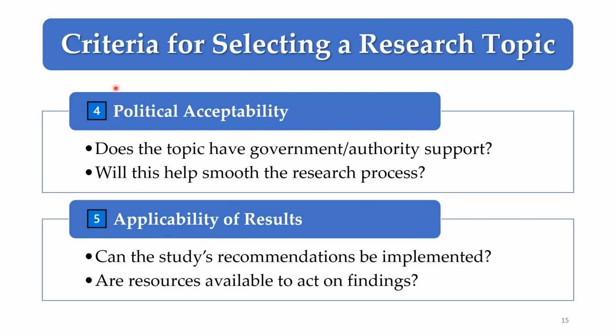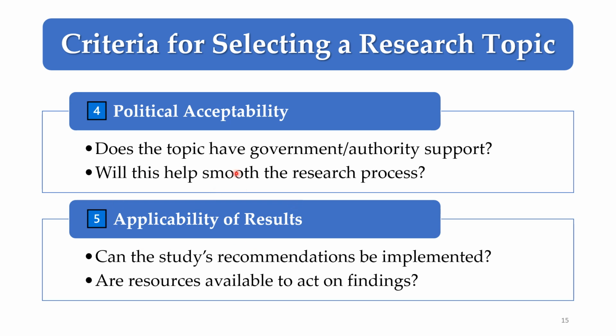Moving forward with the criteria, you also want to consider political acceptability. Does the topic have government or authority support? You would do well not to attempt questions which confront the authority. You will have problems acquiring data for that kind of research.